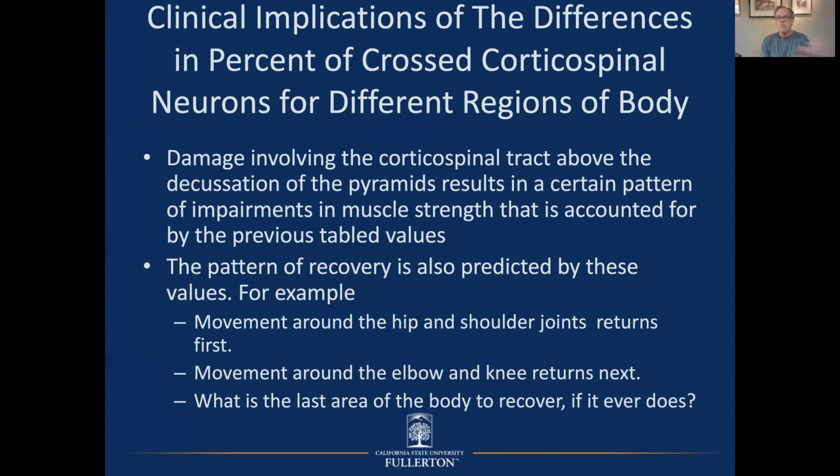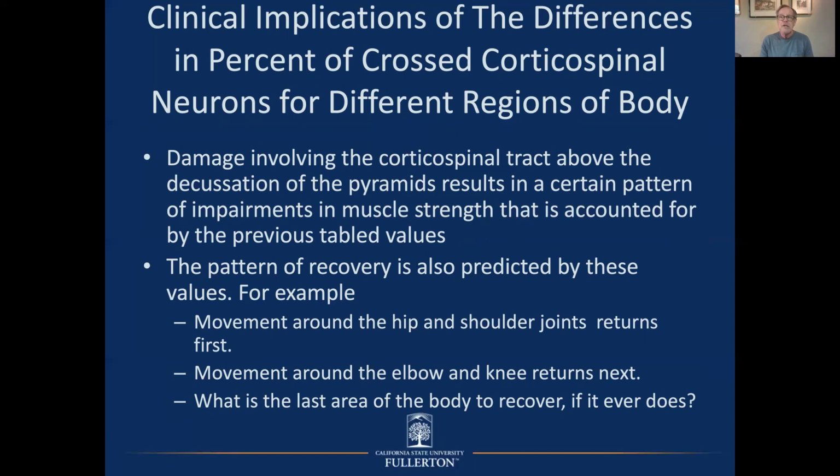Take a sensory system for pain and temperature, a sensory system for fine touch and proprioception, and talk about the relationship between the location of the damage, or the side of the damage, brain damage, where the decussation is, and where the impairment's going to be, or the side of the impairment. If the damage is above the decussation of a system, the impairment will be on the opposite side.